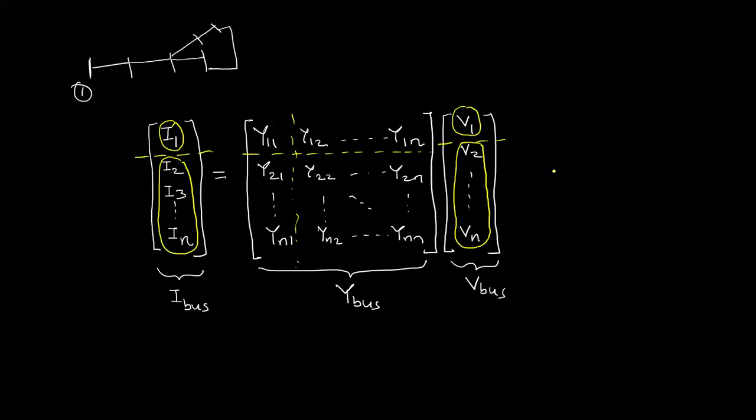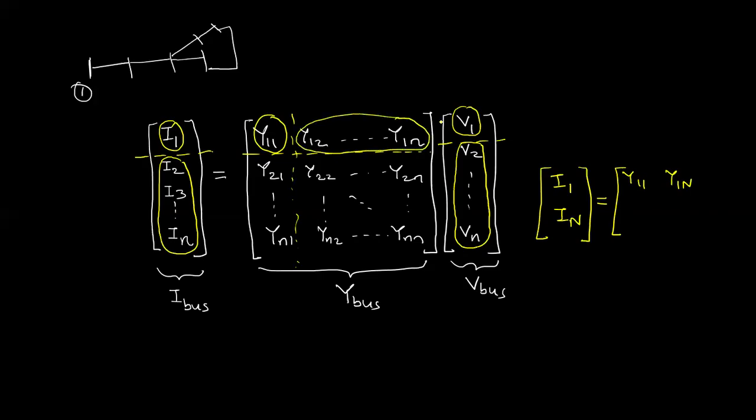So here the partition can be written as I1 and I capital N, where I capital N includes the bus injections starting from bus number 2 to N, that is equal to Y11, which is essentially this component. Then we have Y1N, which is essentially that row vector.